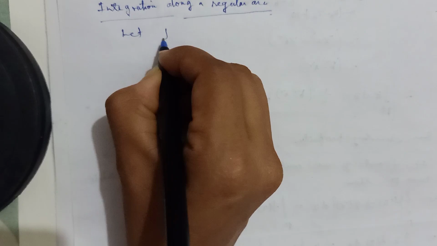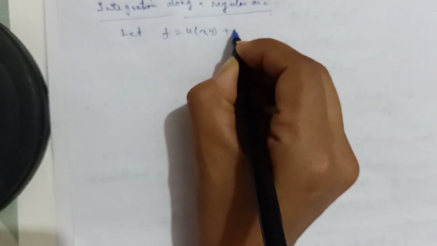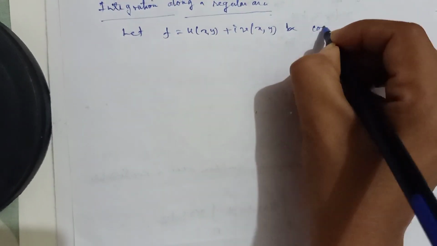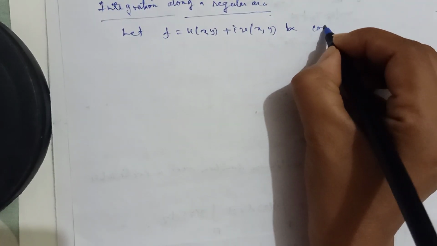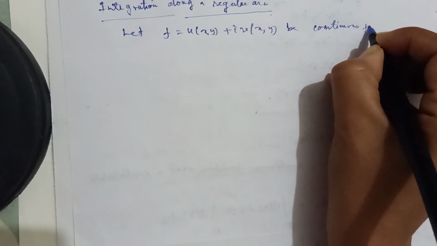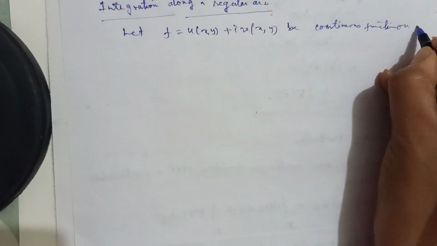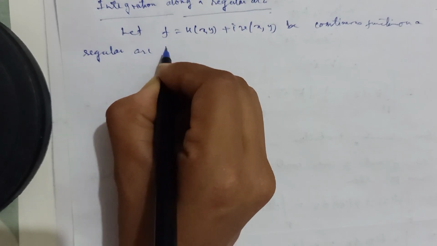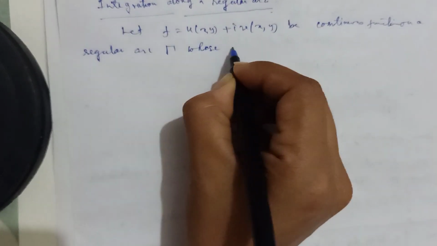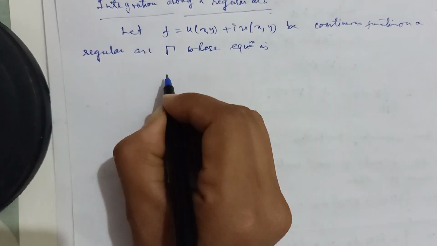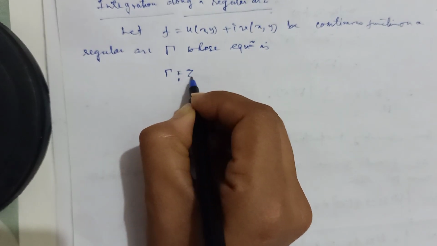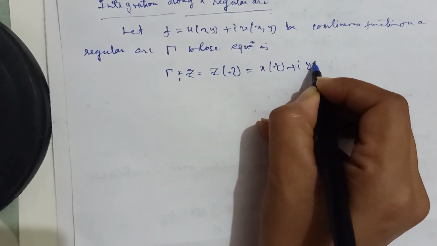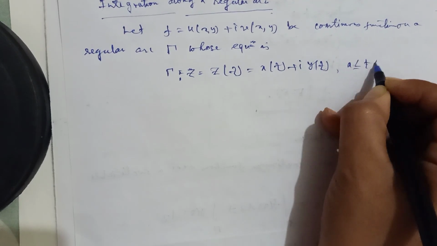Let f equals u(x,y) plus i v(x,y) be a continuous function on a regular arc gamma, whose equation is z equals z(t), that is equals x(t) plus i y(t), where a less than or equal to t less than or equal to b.